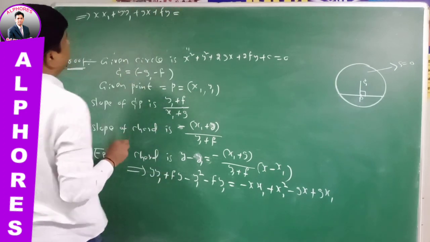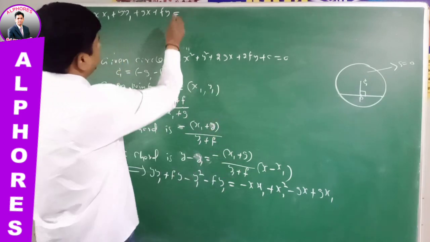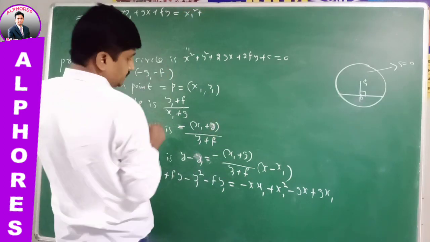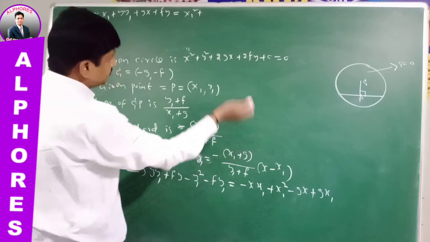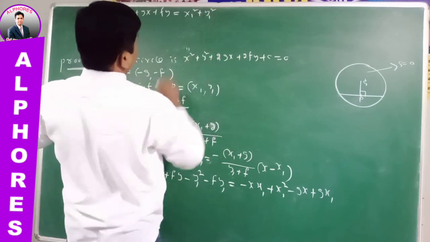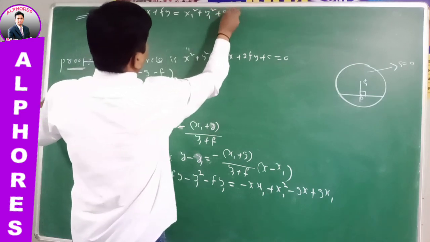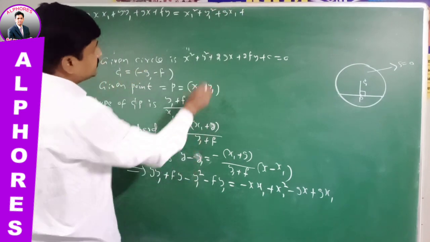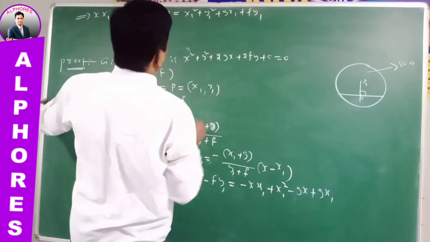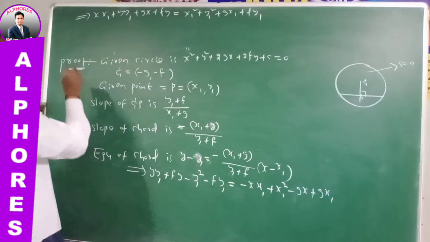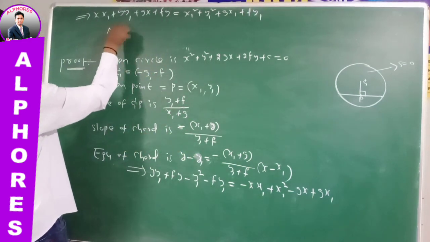Okay, left side completed. Now right side: x1 square plus y1 square plus g x1 plus f y1.